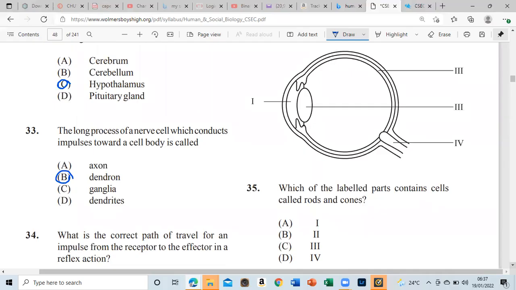Which of the labeled parts contain cells called rods and cones? Is it A1, B2, C3, or 4? And 35 is B.